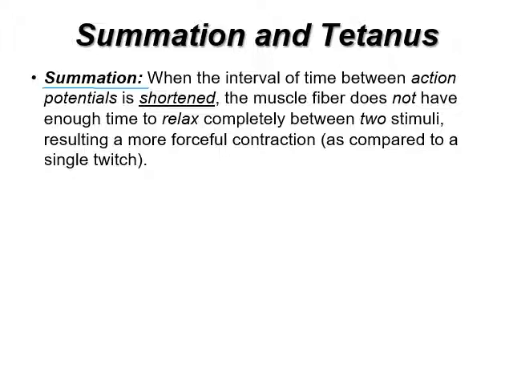What do you think would happen to tension if we were able to bind more myosin heads to actin? More heads would cause more tension. So as we stimulate the muscle more and more quickly, we're getting more calcium out into the sarcoplasm, and we'll start getting what we see as summation.